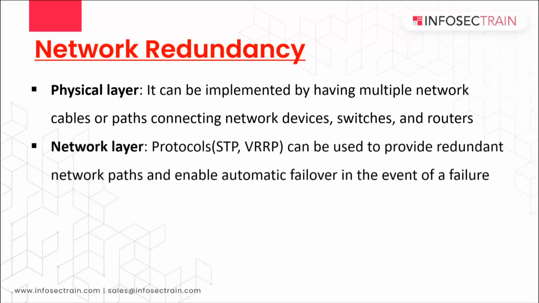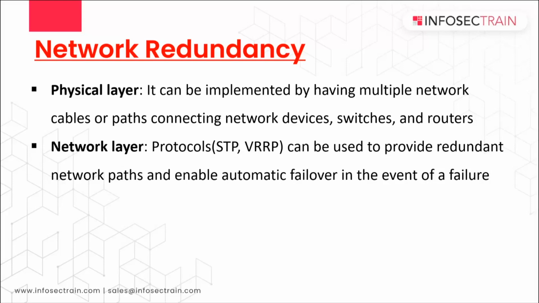Then the second layer is the network layer. In the network layer, protocols such as STP, spanning tree protocol, or VRRP, which stands for virtual router redundancy protocol, can be used to provide redundant network paths and enable automatic failover in the event of a failure.